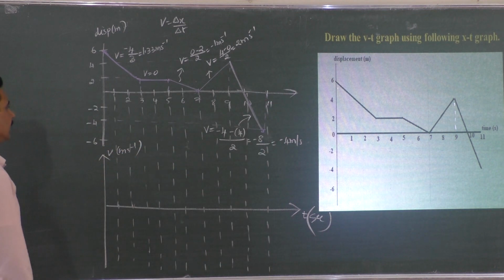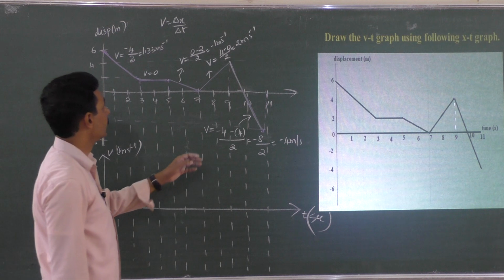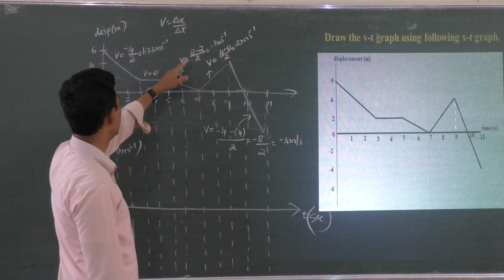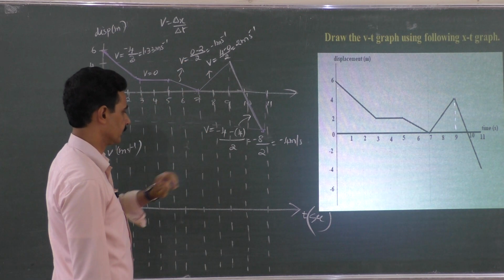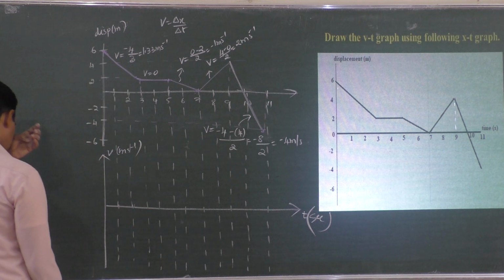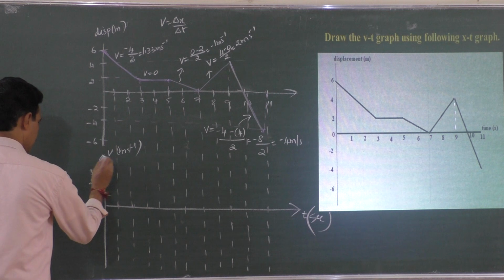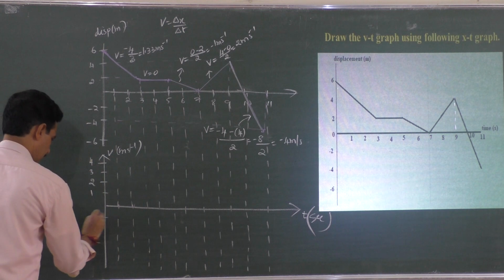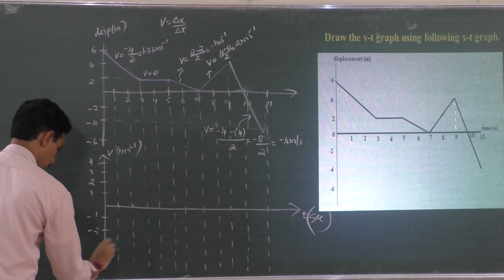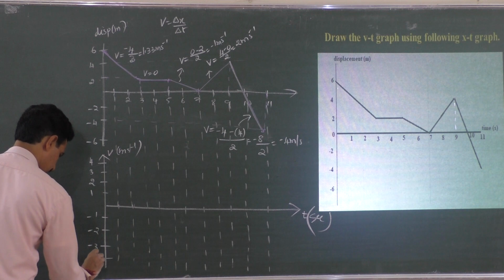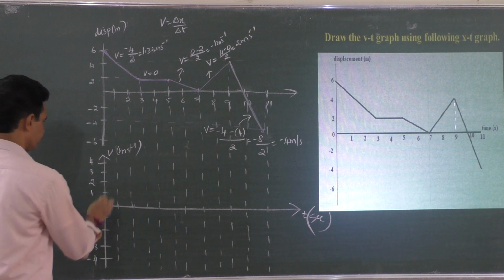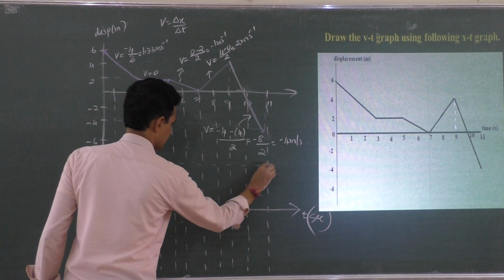The highest values are plus 2, minus 1.33 and 4. Let us mark 1, 2, 3, 4 all plus, minus 1, minus 2, minus 3, minus 4. So like this.